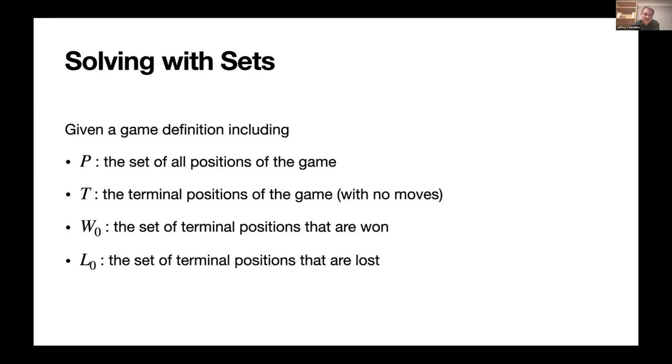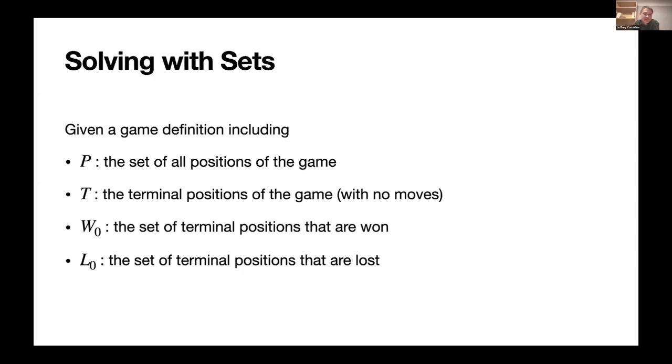So looking into how we would go about solving with sets, the next couple of slides will be pretty basic, just walking through how we're defining a game. There'll be some set of positions in the game, which I'm denoting P. Then T could be the terminal positions of the game, where there are no more moves, so the game's over. And those terminal positions can be divided into terminal positions that are won and terminal positions that are lost.